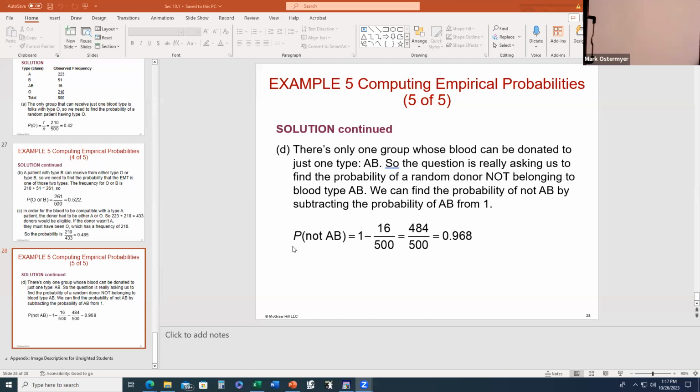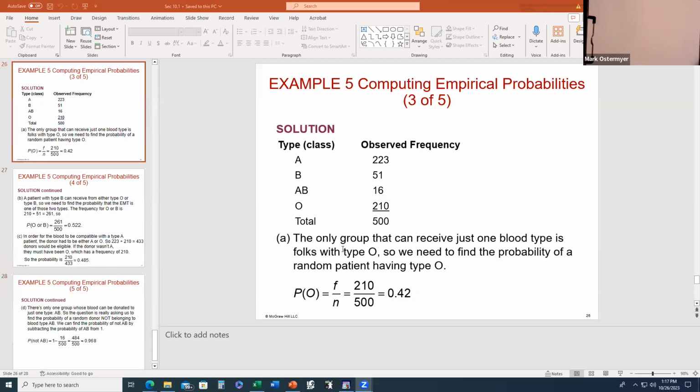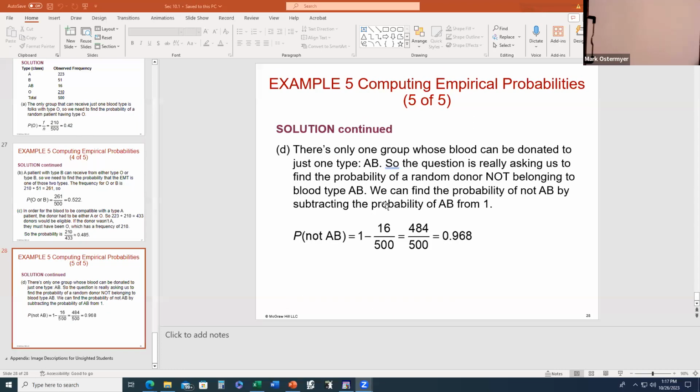So the probability that a donor is not type AB: the difficult way of doing that problem would be to add 223 to 51 to 210 and divide that by 500. But the easier way is to use the complementary probability rule, which is to say the probability of not having a type AB donor is equal to 1 minus the probability of having a type AB donor.